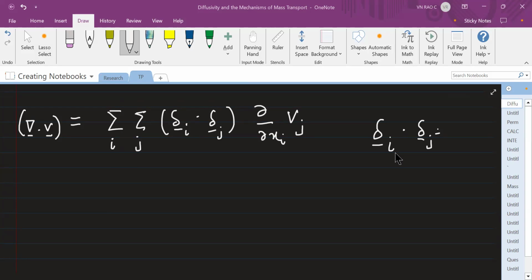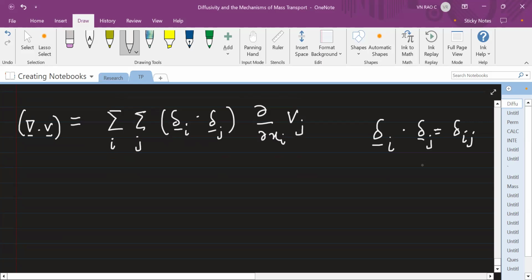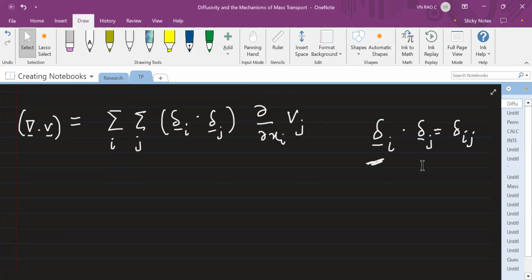By definition, they are proved while discussing the Kronecker delta. So you need to understand the output of these two. This is very simple: a scalar, delta ij. These two are vectors, so you get a scalar quantity.